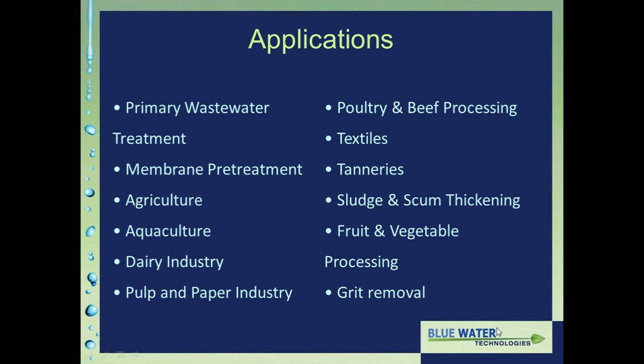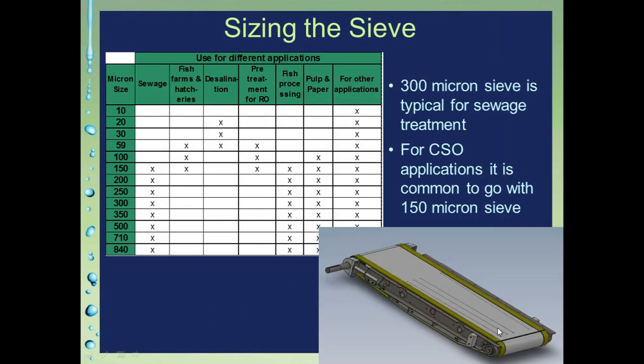So there's a variety of applications, and as I alluded to earlier, we can customize the equipment for each of those specific applications slightly to maximize the capture rate and the efficacy of the equipment in that scenario. So I mentioned that a 300 micron sieve is typical for sewage treatment.